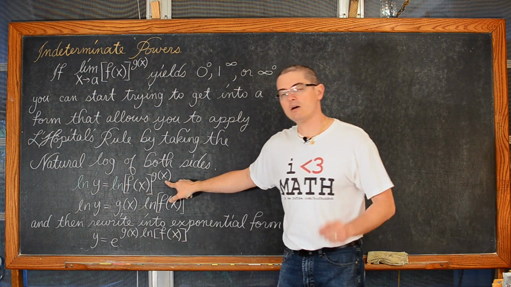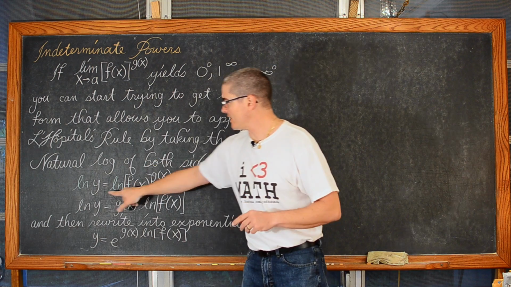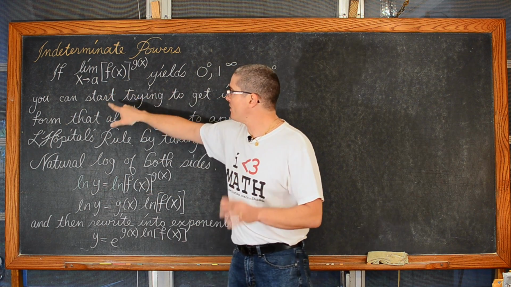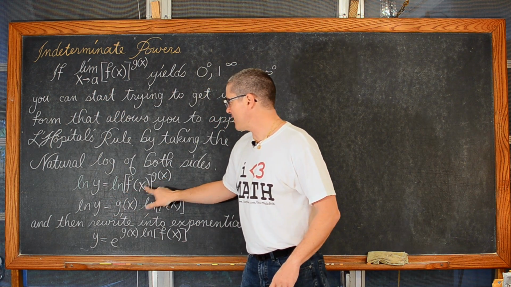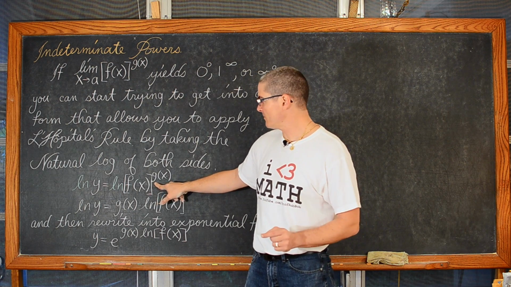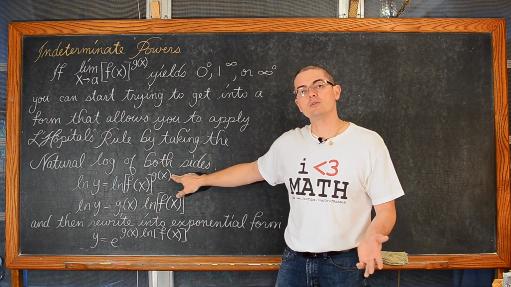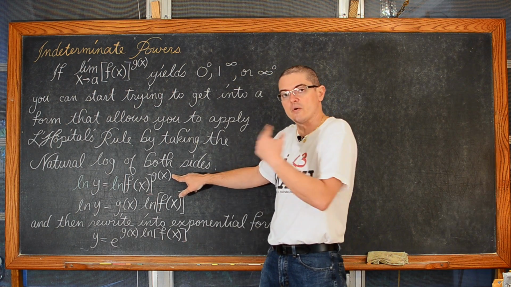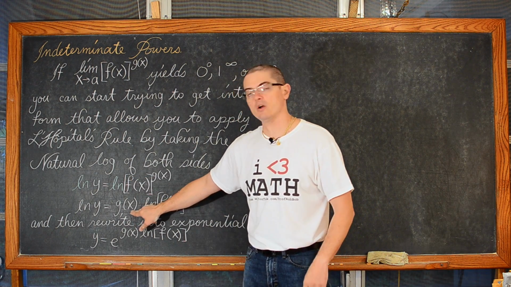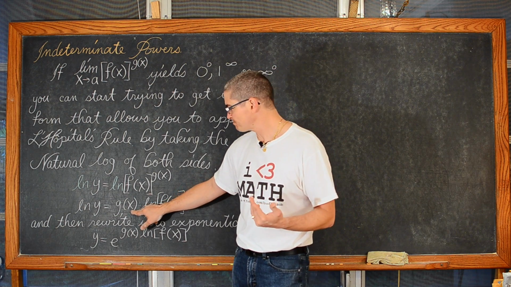That is going to allow us to, well, let's let y equal f of x raised to the g of x power. We're going to take the natural log of both sides. The power rule for logarithms is going to allow us to take that variable exponent and move it down out front as a multiplication.